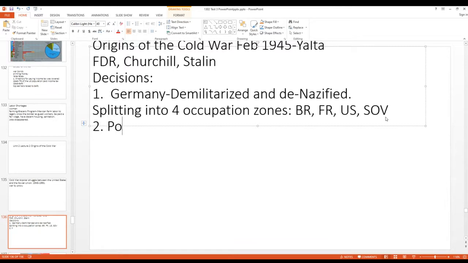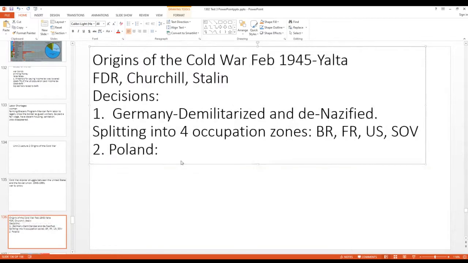Second, Poland. The British, who had gone to war because of Poland, remember that if we go back to 1939, Neville Chamberlain, the British Prime Minister, had said that if Germany went to war with Poland, the British would have to come to Poland's defense. So Churchill is insistent that Poland be recreated. The problem is who is going to run Poland.